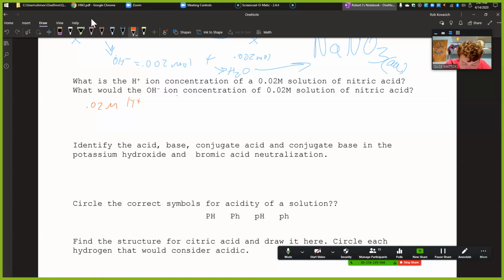There's a couple ways you could get to the hydroxide ion concentration, but what do you want to do? Do we remember what this equals in water? Seven. So if this one is 0.2, then you can just solve for the hydroxide ion concentration, right?